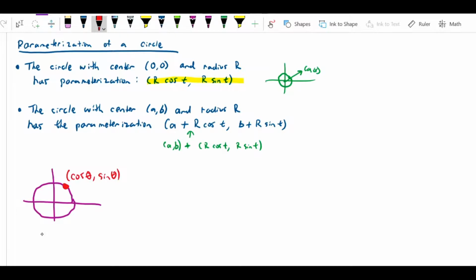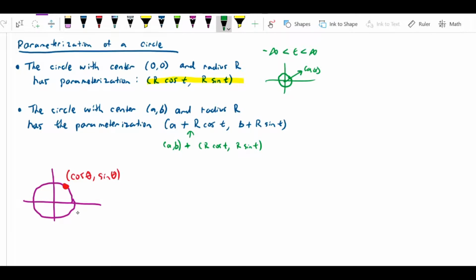The other thing to note is that this parameterization, including the one you know for the unit circle, is generally understood to be valid for negative infinity less than t less than infinity. In other words, even though you think of the unit circle as being traced from 0 radians up to 2 pi radians, if I keep going, or if I add in negative radians, I just keep tracing the same circle over and over again. This is an important point about parameterizations. We don't require that every point be generated only once.